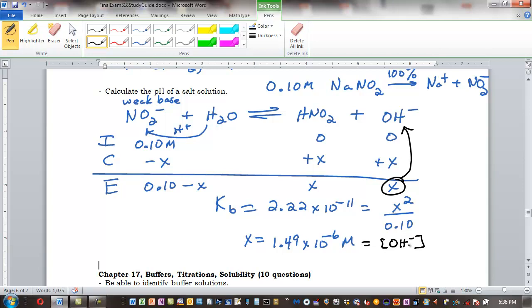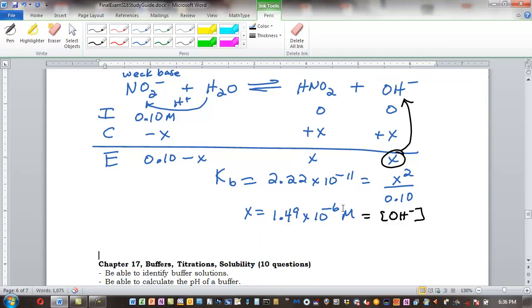Negative log, which gives us what? 5.83. And what is that we just solved for? We took the negative log of the hydroxide, so that is our pOH, 5.83. So our pH is 8.17.